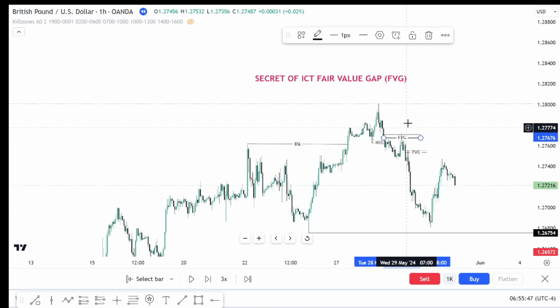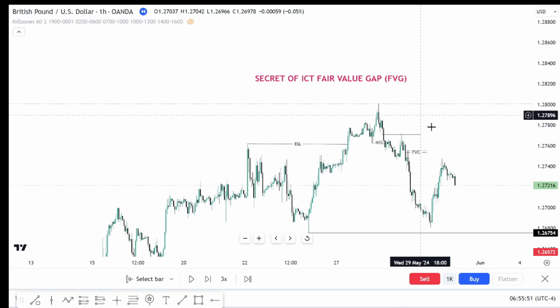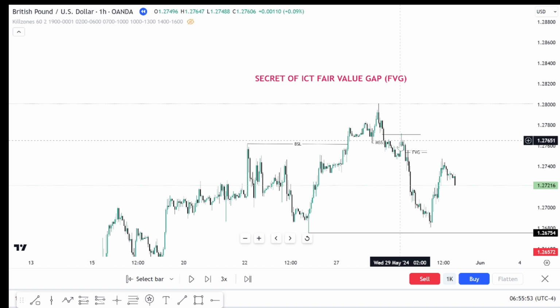Let me remove this because I think it's interfering with the candle wick. So immediately price retested this fair value gap. This is my perfect entry.